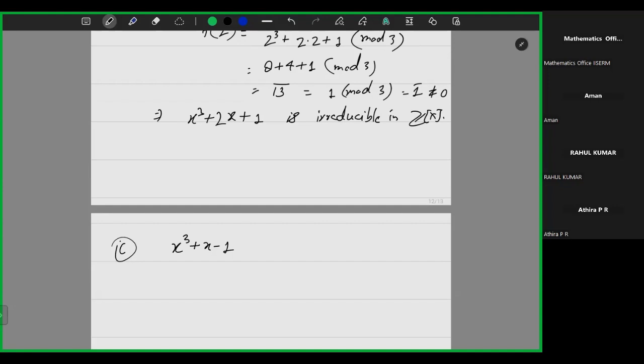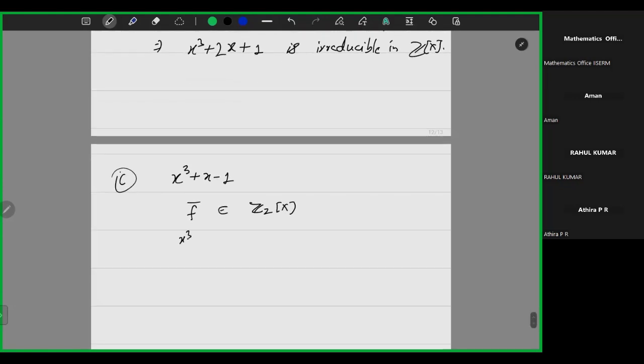Here, let's say in Z2, if we reduce f bar in Z2, it becomes x cube plus x plus 1. Evaluated at 0 bar, this is equal to 0 bar cube plus 0 bar plus 1 bar. This is just 1 bar, which is not equal to 0.